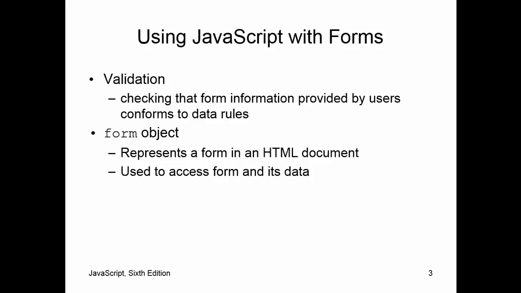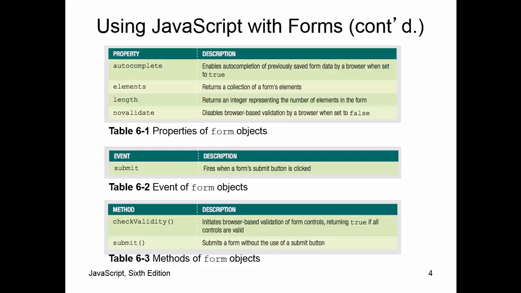Now, as you can see in the second bullet here, a form object represents a form element in an HTML document. And the form object has several different properties. If we start taking a look at some of them, you've got autocomplete.